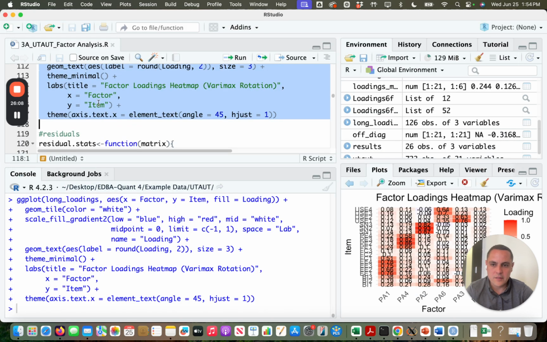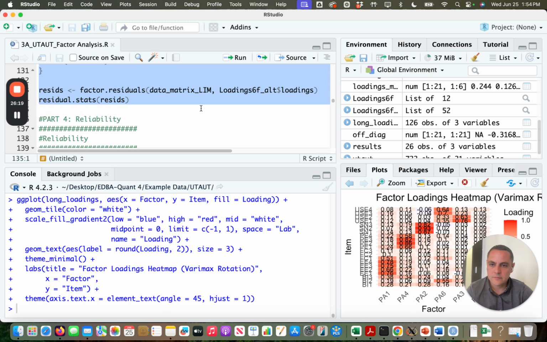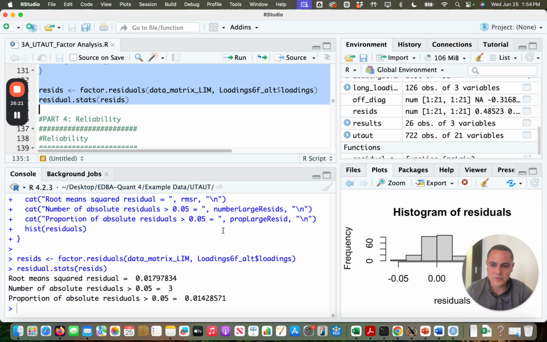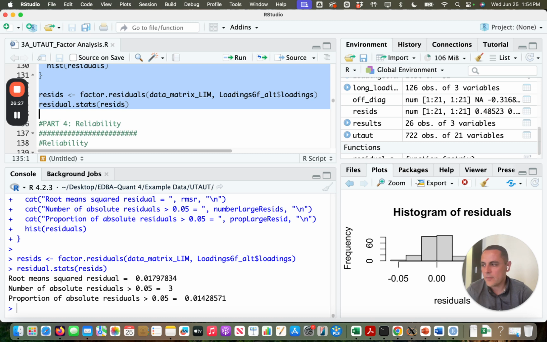So let's keep going. The last thing we're going to look at is the residuals. If we look at those residual stats, you can see that block there. For the residuals, we have a root mean squared residual of 0.018, well below a common threshold of 0.05, indicating a good or excellent fit.